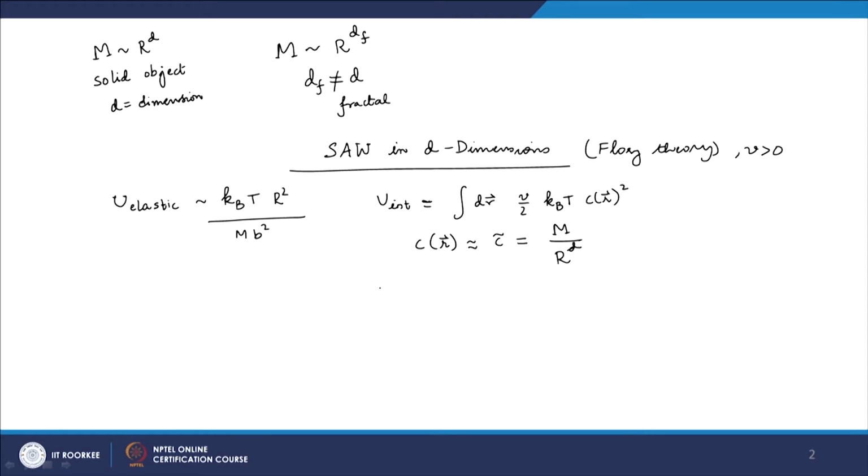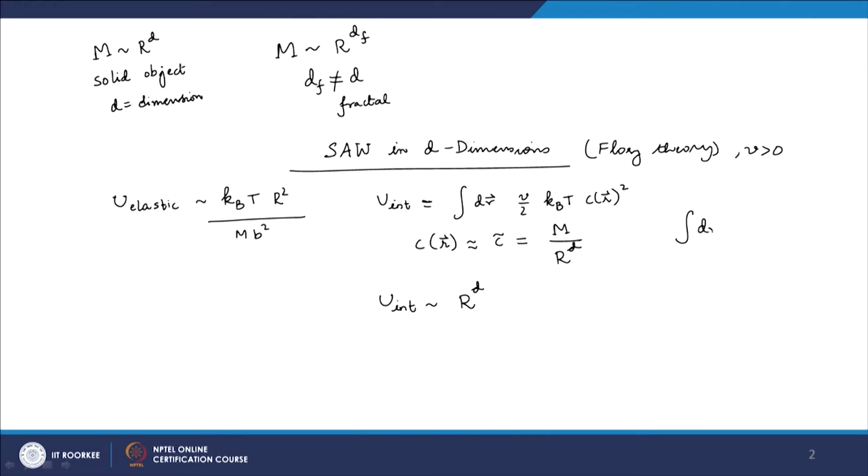Now my energy U due to the excluded volume can be written by the scaling relation. The integration over dr goes like r to the power d. In one dimension I integrate along only one coordinate, so we have the integration of dx, and the unit is r. In two dimensions we integrate dx dy, so the unit is r squared, and so on.